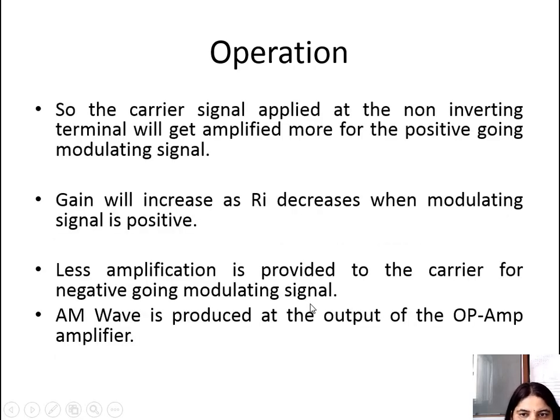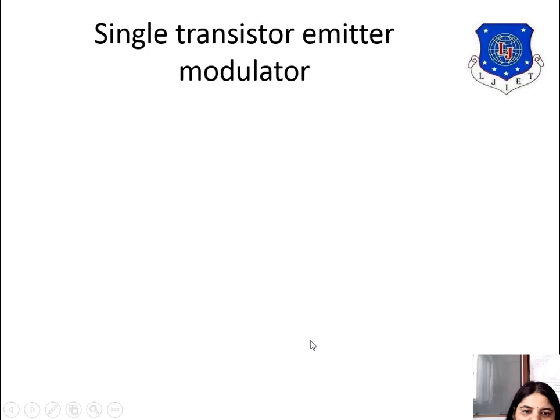Carrier signal is applied onto the non-inverting terminal and will get amplified more for the positive going modulating signal. Gain will increase as Ri decreases when the modulating signal is positive, and less amplification is provided to the carrier for negative going modulating signal. So this way we can produce the AM output.